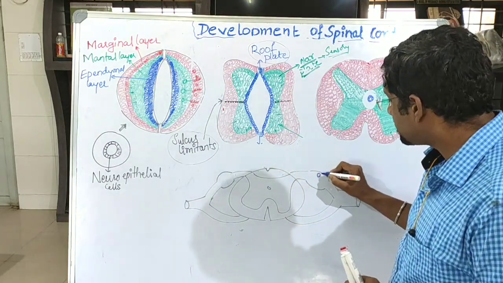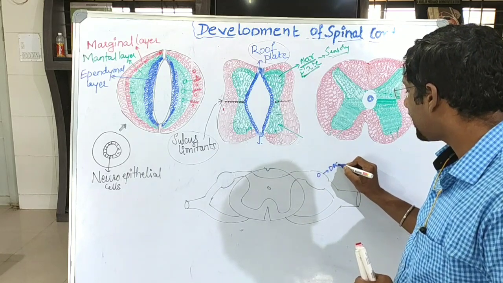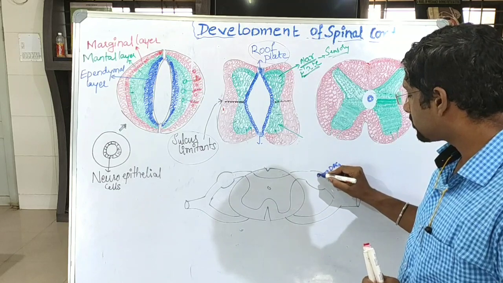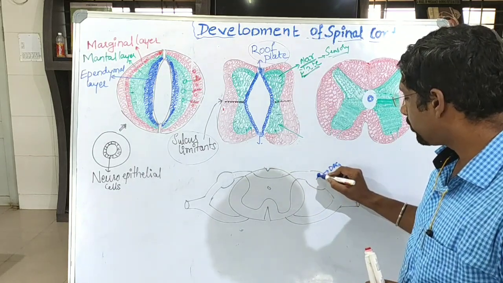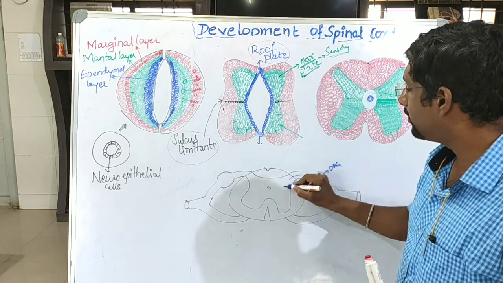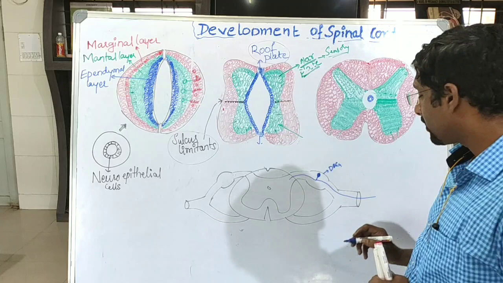So we know that this is a dorsal root ganglion, right? In the dorsal root ganglion we have a pseudounipolar cell, which will have a central process and a peripheral process.